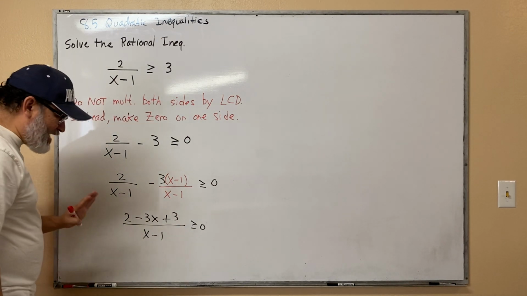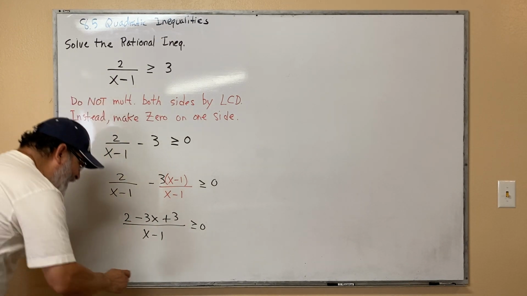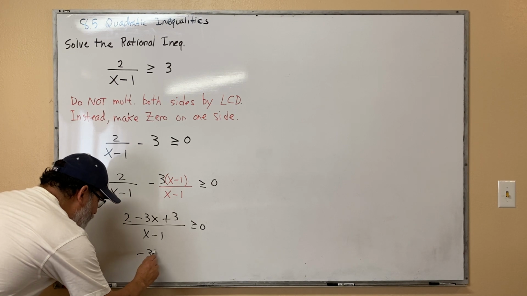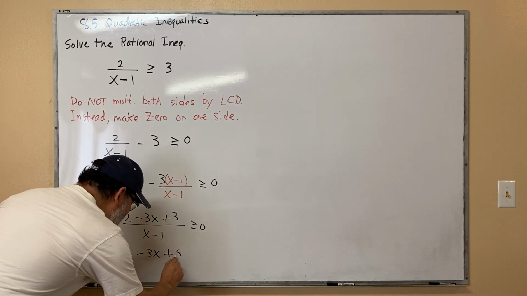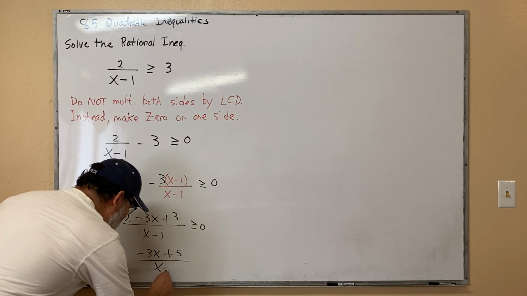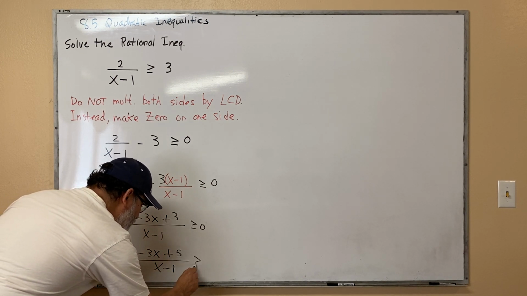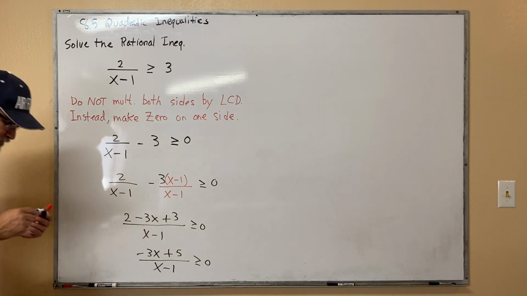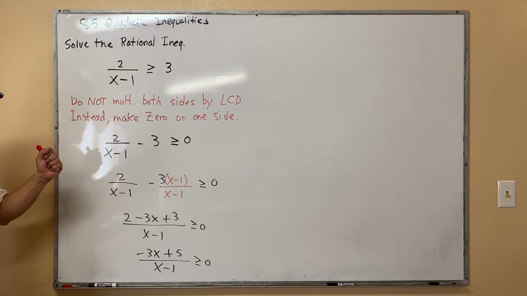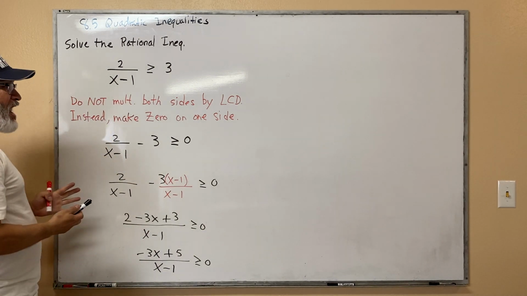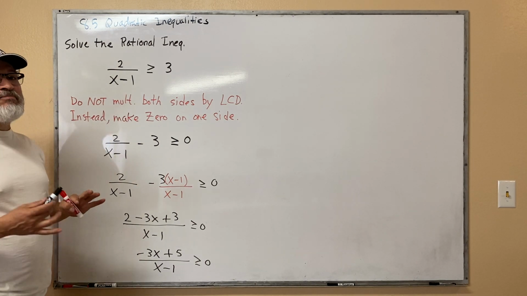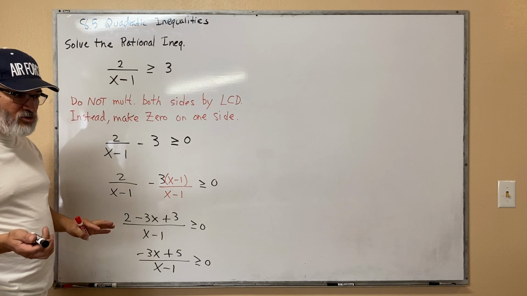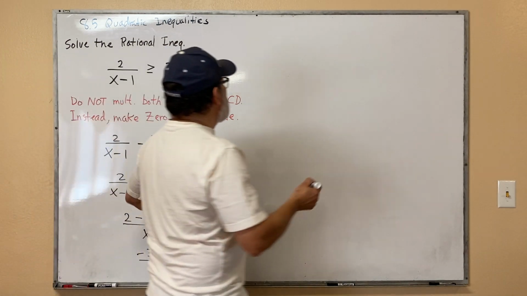And last but not least, that's negative 3x, and 2 plus 3 is 5, so negative 3x plus 5 over x minus 1 greater than or equal to 0. Now that we combined, we're going to find the boundary values.